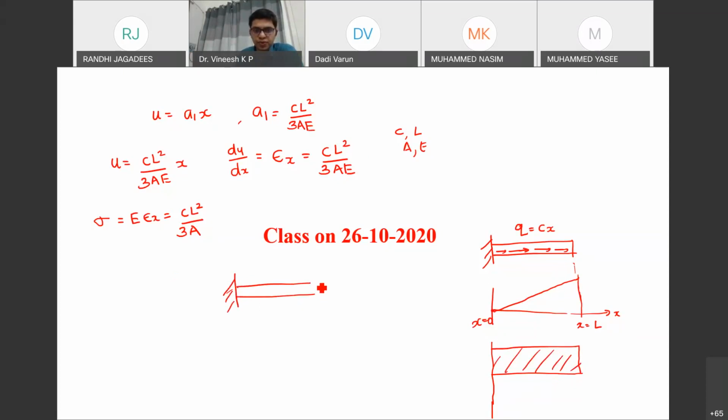If you look at the problem physically, the intensity of the distributed load is changing.